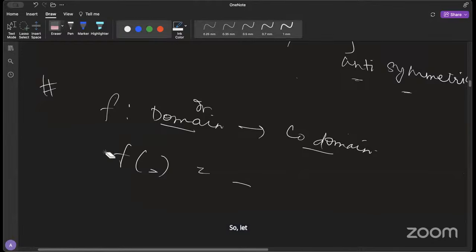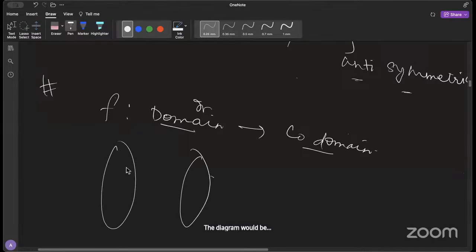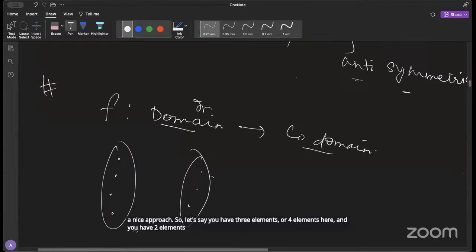Let's say you have a function. The diagram would be a nice approach. Let's say you have 4 elements here and 4 elements here.